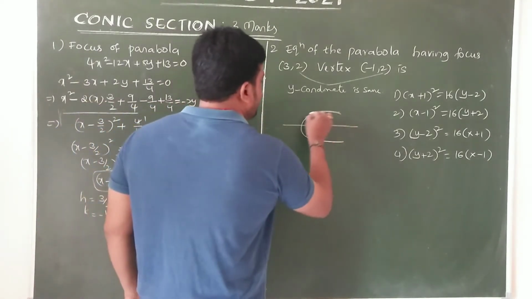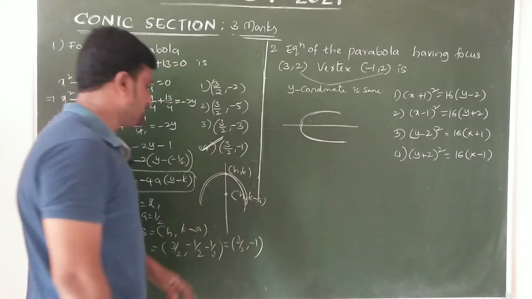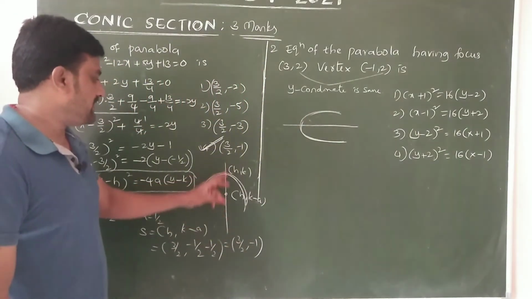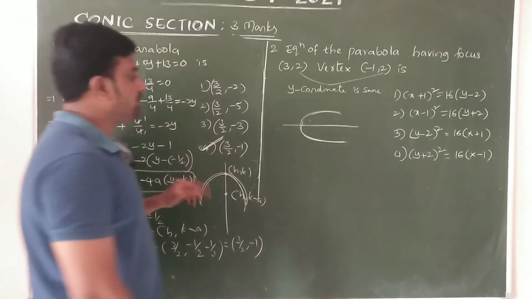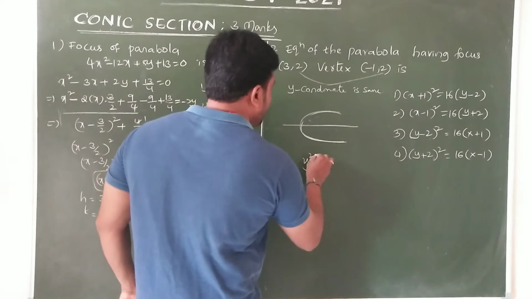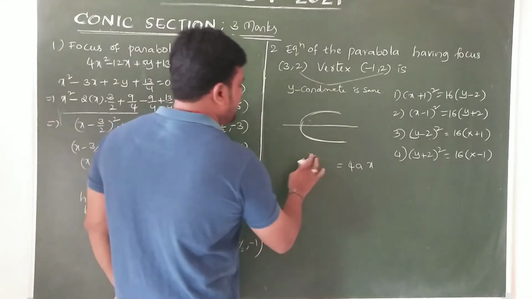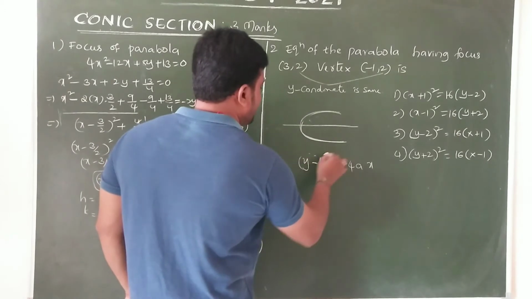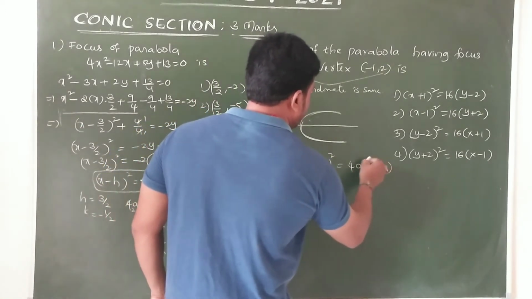Suppose axis is parallel to the y axis, x square equals 4ay, but here y square equals 4ax, that means y minus k whole square equals 4a into x minus h, okay.